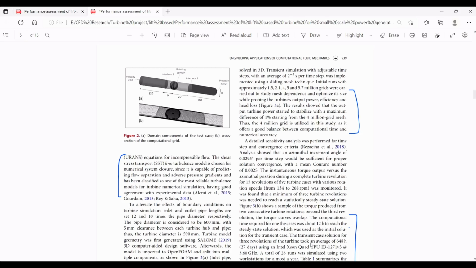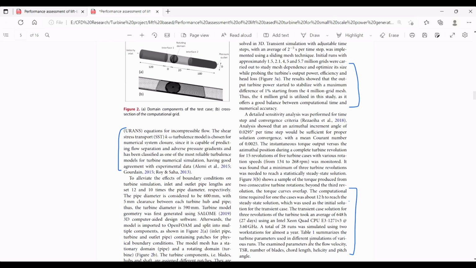Afterwards, it was imported into OpenFOAM, and a block mesh was generated after splitting the domain into three parts. The first one was the inlet pipe length, the second one was the turbine length, and the third one was the outlet length. The inlet and outlet flow domains were set as fixed, while the turbine flow domain was set as rotating for simulating the effect of the rotating turbine.